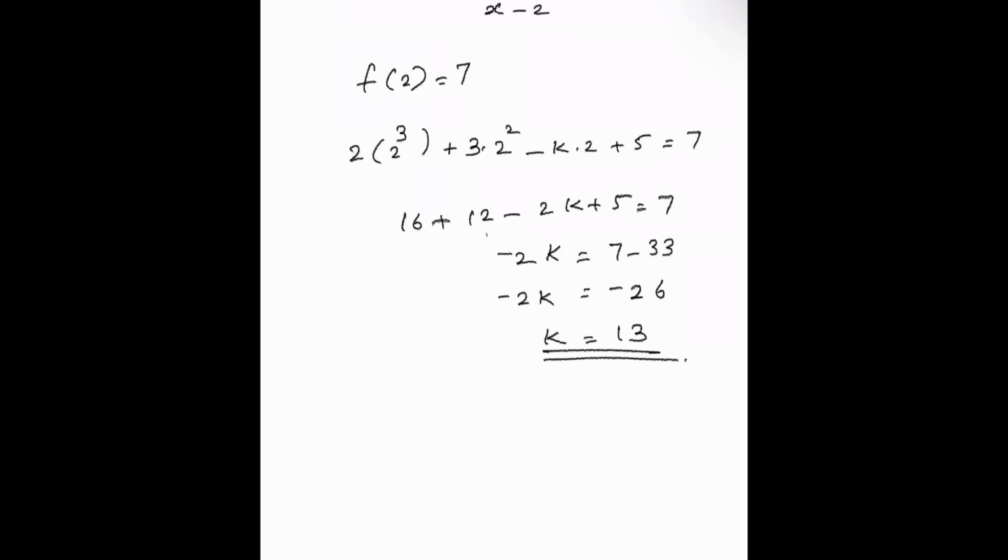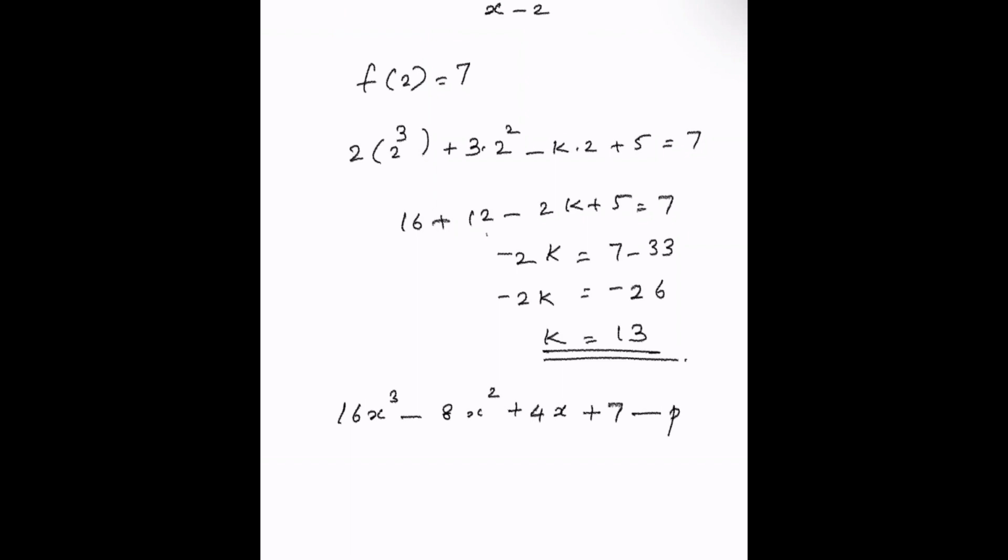What must be subtracted from 16x cube minus 8x square plus 4x plus 7 so that the resulting expression has 2x plus 1 as a factor?